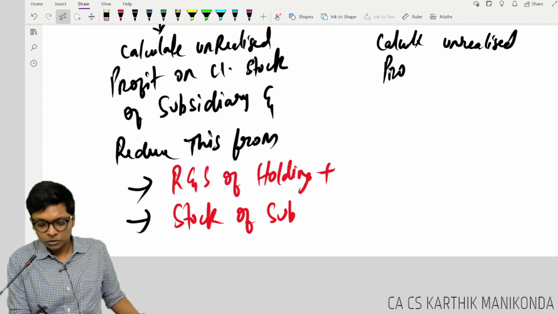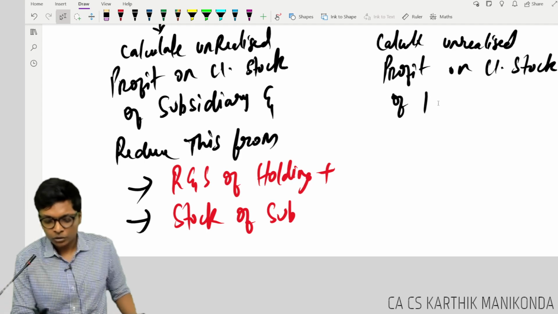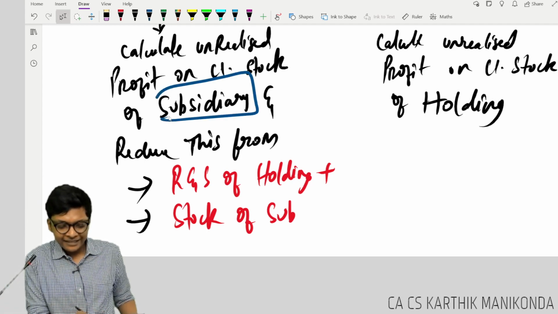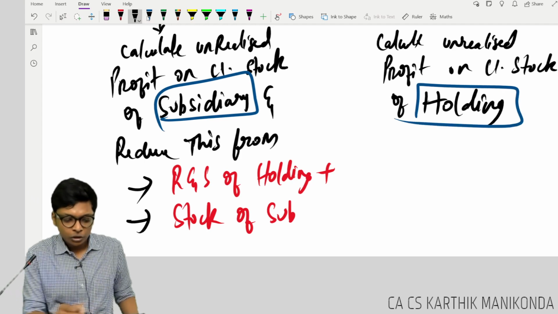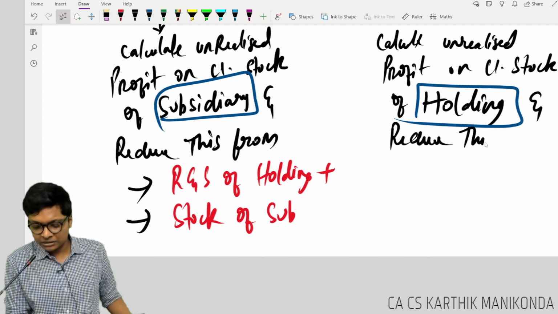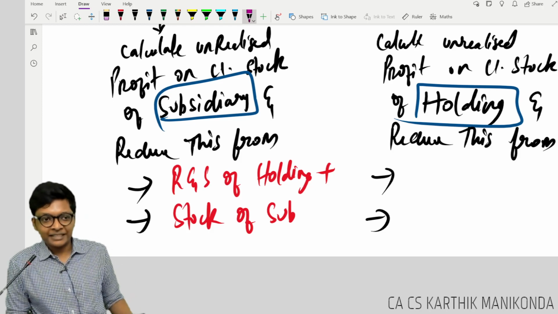In upstream, calculate unrealized profit on closing stock of which company? Closing stock of holding. Be very careful, guys. Closing stock of holding and reduce this from two places. What are the two places of reduction, guys?